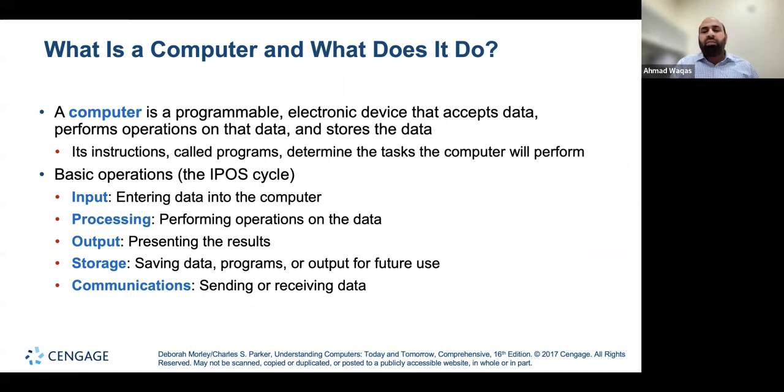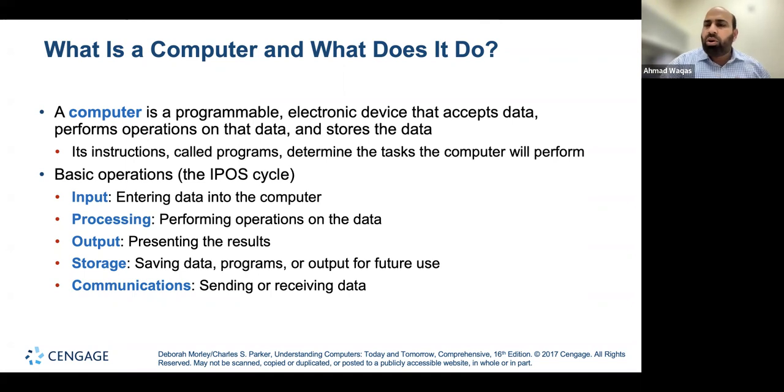Then the computer will perform the addition operation on that. It will add 5 and 7 and produce the result 12, and it shows you the result 12. That is the output, and it's the information for you. And then that result you can store for your future use, or you can communicate that result somewhere else, to your friends or somewhere else.